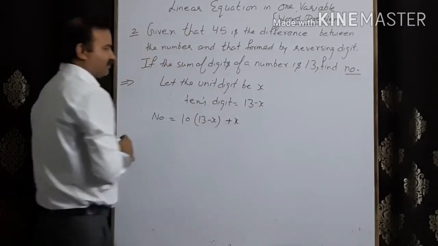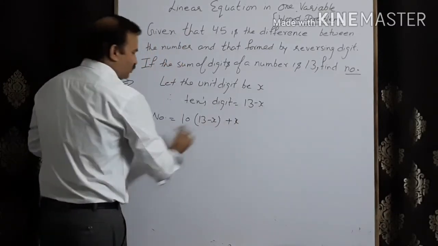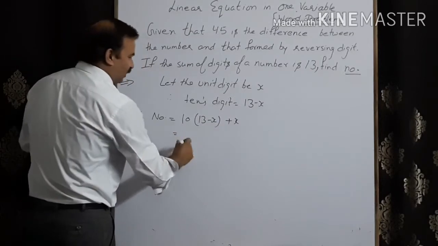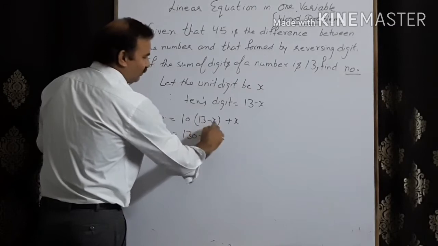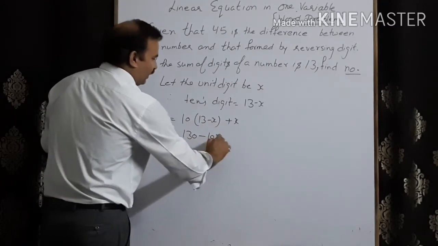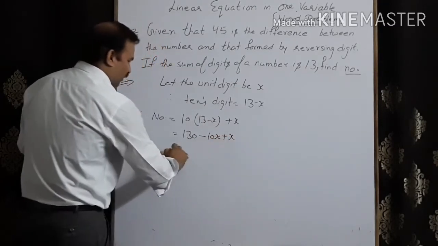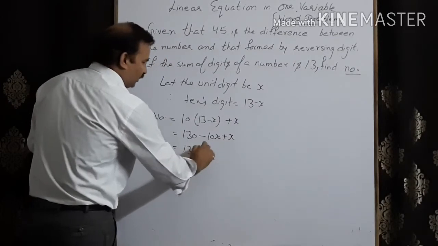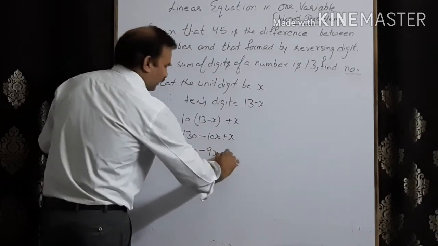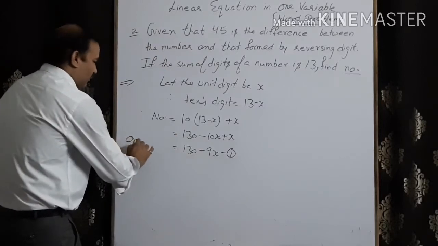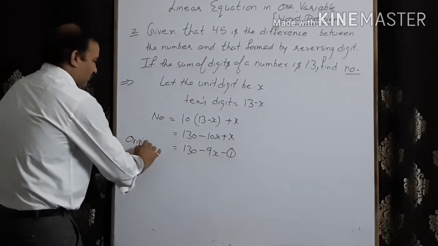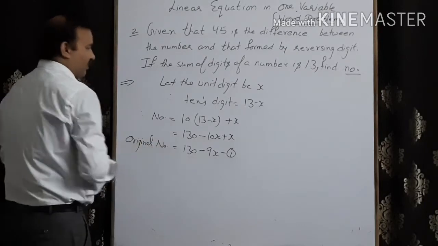If we solve, this will become 10 multiplied by 13 is 130, and 10 multiplied by minus x is minus 10x, plus x, so it becomes 130 minus 9x. Let us call this 1. This is the original number.